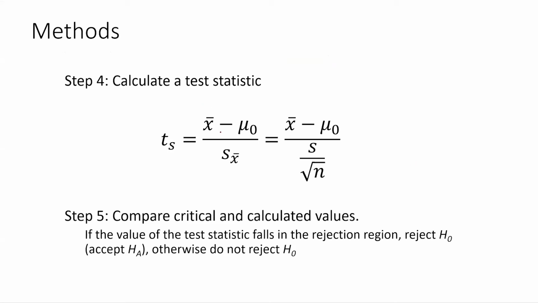We have our mean minus our null mean, then divided by our standard error. Next, we compare the critical and calculated values. If the value of the test statistic falls in the rejection region, we reject the null hypothesis and accept the alternative. Otherwise, we accept the null hypothesis.